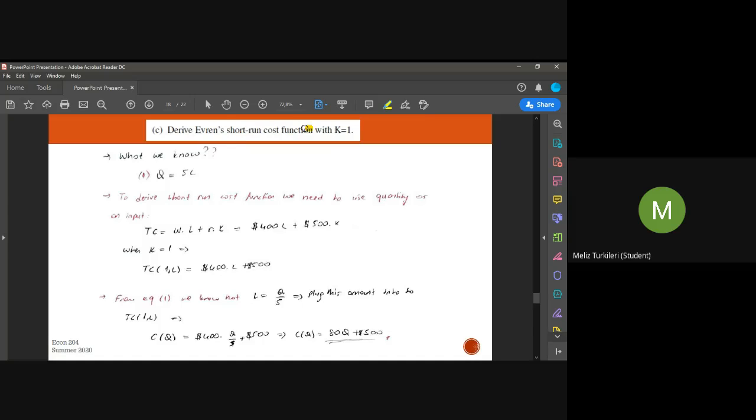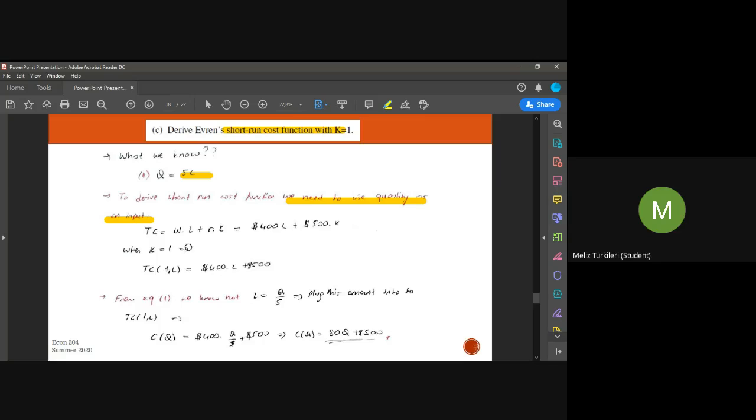Find the short-run cost function when K is equal to 1. What we know from the question is that our production function is equal to 5 times L. Why do I say it like that? Because I know the original version is 5 times K times L, but when K is equal to 1, it simplifies to 5 times L. And to derive the short-run cost function, we need to use quantity as an input.